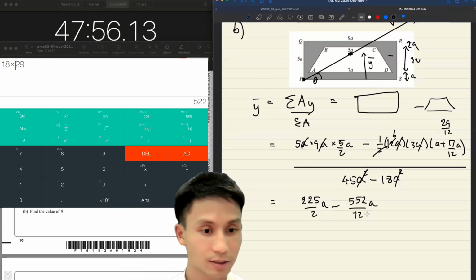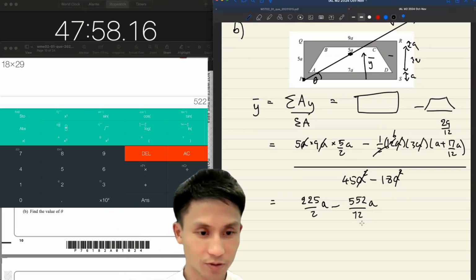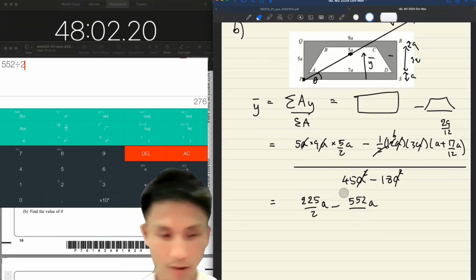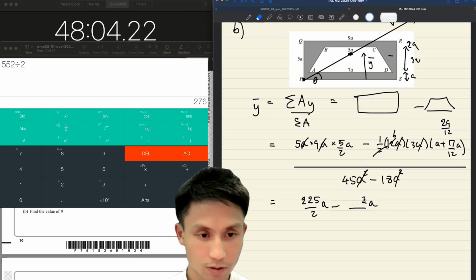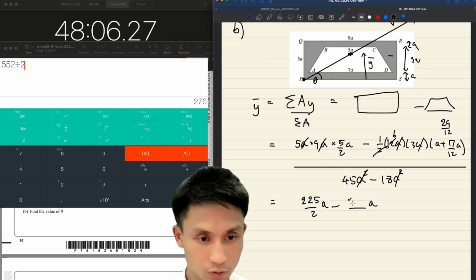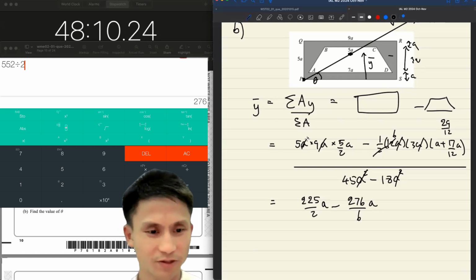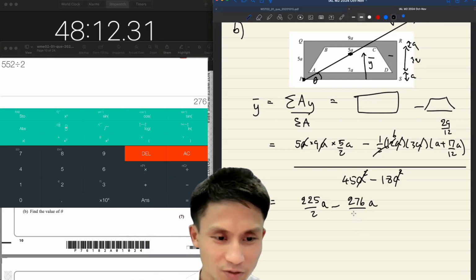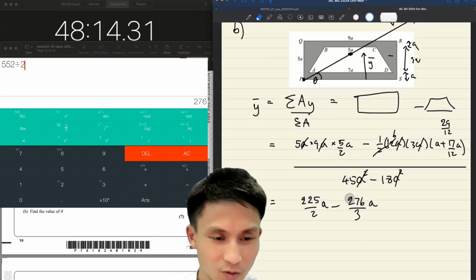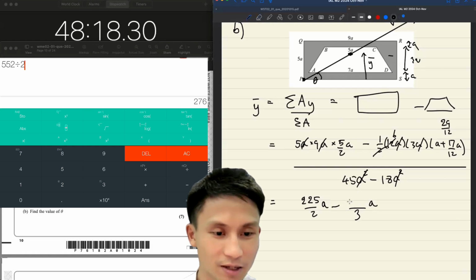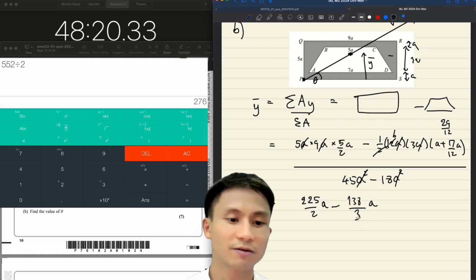And I can cancel that a bit. So that is going to be 276 divided by 6. And that's still divisible. Okay, hang on, there's another 2 there. So 3 here, and then 138. I'm just simplifying it first.